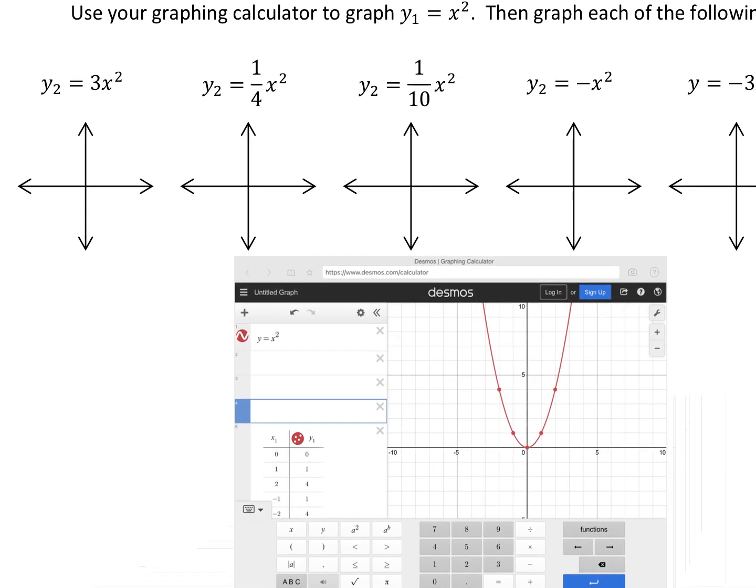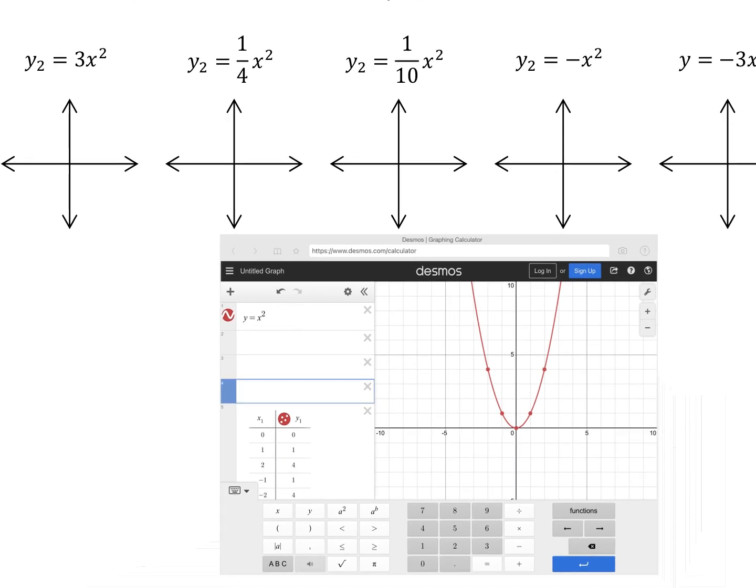All right, well now what if we change this? So let's go ahead and get a new equation now. We're going to graph y equals not x squared, but 3x squared. Oops, I didn't get my 3. There it is right there. So the blue one there is 3. Notice it gets a little skinnier.